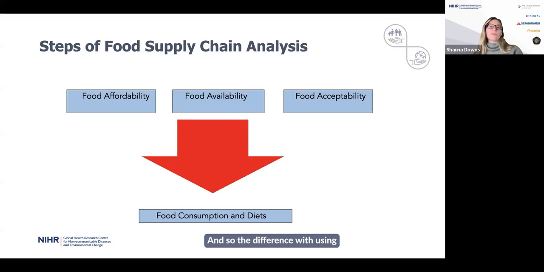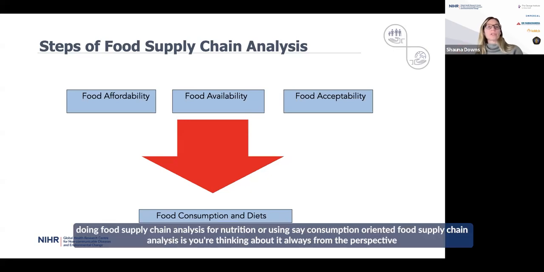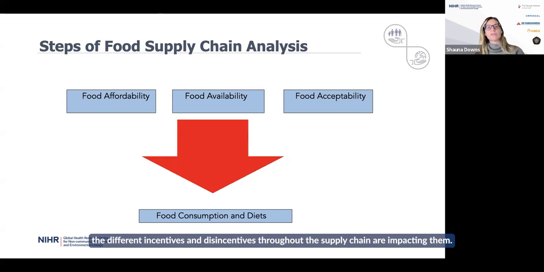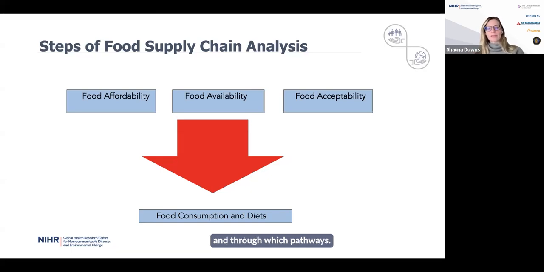And so the difference with doing food supply chain analysis for nutrition, or consumption-oriented food supply chain analysis, is you're always thinking about it from the perspective of nutrition and diets and how the different incentives and disincentives throughout the supply chain are impacting them, and through which pathways.